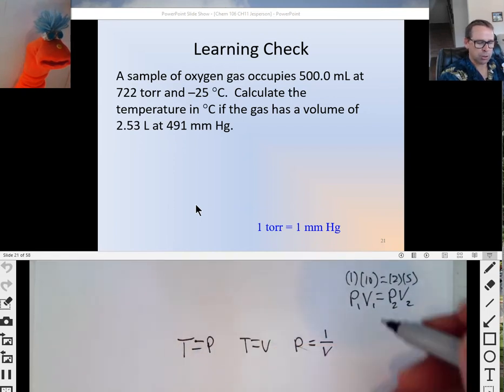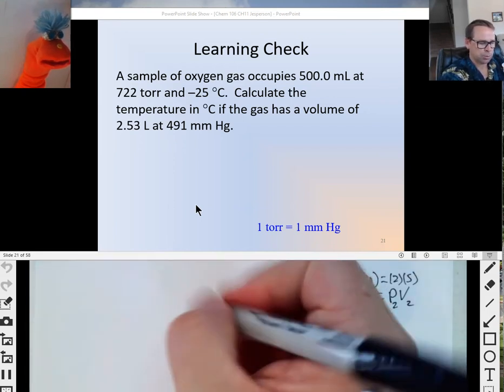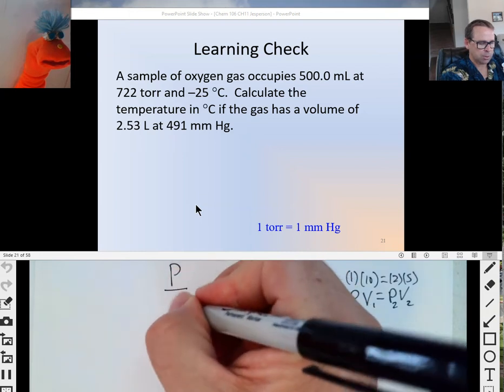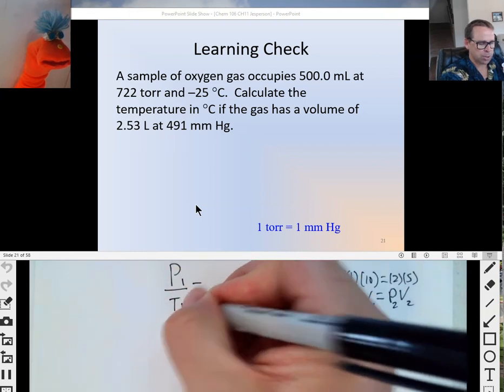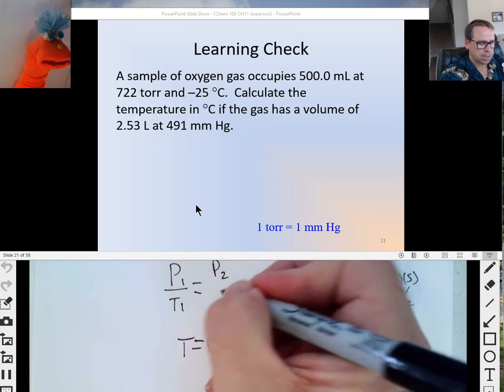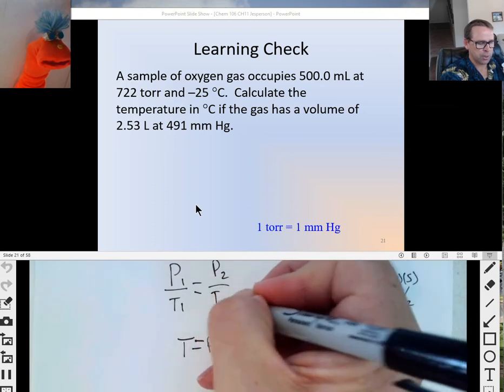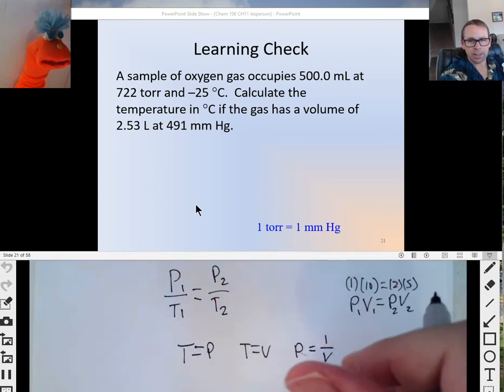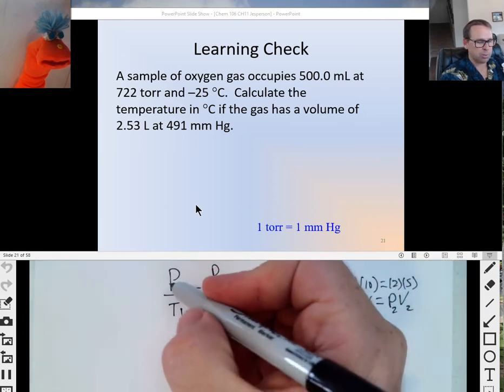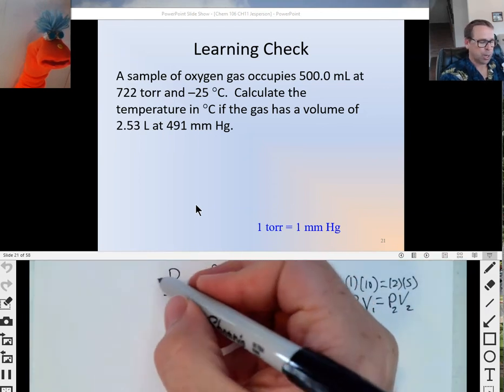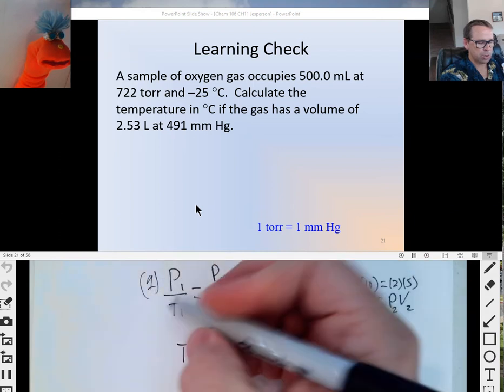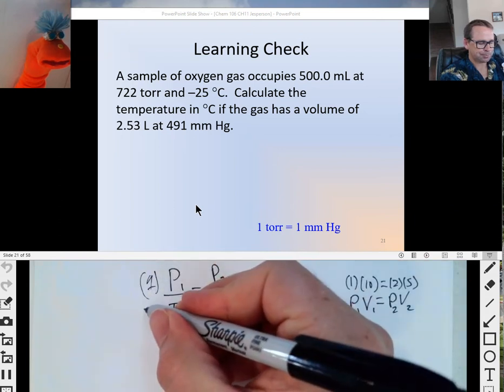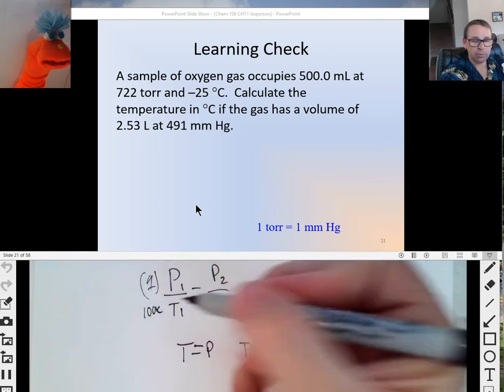So these inversely proportional ones are related to each other like so. And temperature, which is directly proportional to pressure, for example, has to be related to initial pressure, initial temperature, second pressure, final temperature, right? Has to be related like that. Let's put in some values here. Pressure, 1 atmosphere, for example. Temperature, 100 Kelvin.